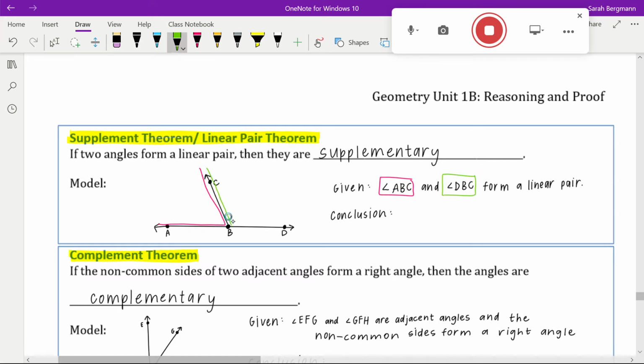Remember, the definition of a linear pair is that they are adjacent angles with the non-common sides as opposite rays. Since these two angles are forming a linear pair, we can conclude that angle ABC and angle DBC must be supplementary.